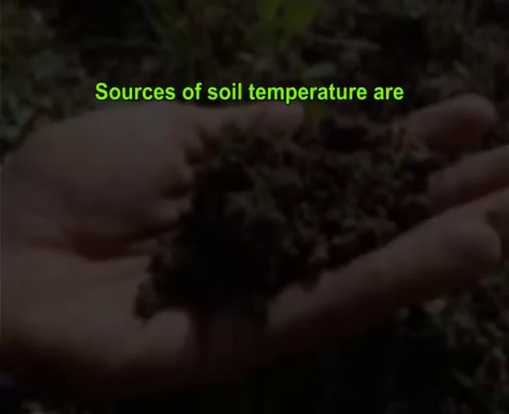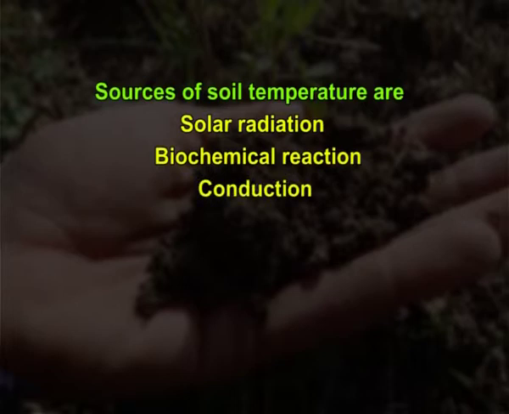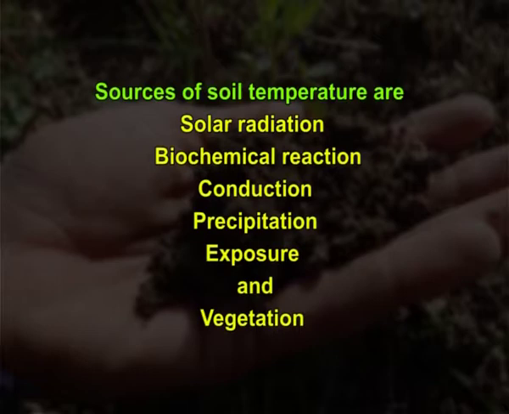Temperature of the soil greatly affects the physical and chemical processes occurring in the soil. Sources of soil temperature are solar radiation, biochemical reaction, conduction, precipitation, exposure and vegetation, etc.